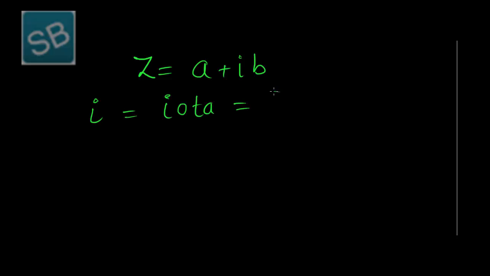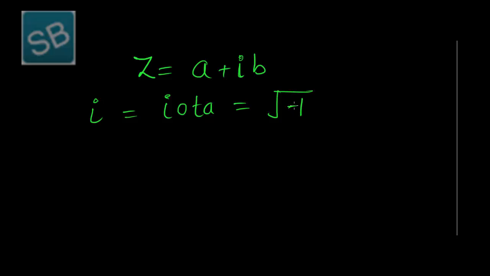What is meant by iota? As Z is equal to A plus iota B, iota is i, that is under root minus 1. That is a value that makes a simple real number pair into a complex number.